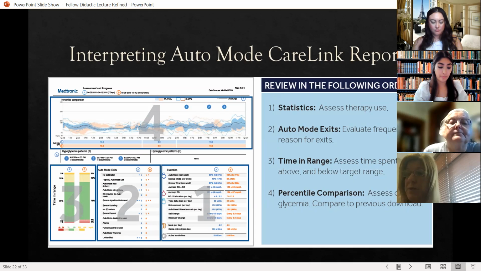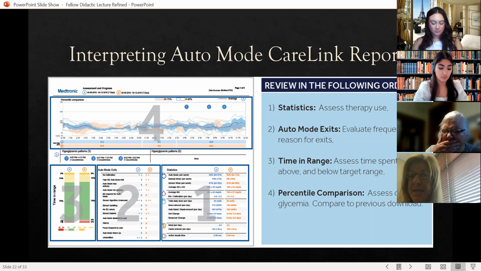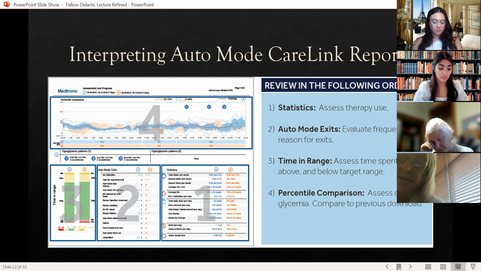So there are different reports for auto mode as well. Again, this is Medtronic, so you have to learn that this is just from Medtronic. They tell us which direction to look at this, but you can actually see how much time, if you're in the number 1, that gives us all the statistics. Like you can see that they're in auto mode. My vision's very low, but we'd be looking at the blue A because that's the most recent. And then the orangey peach is the prior upload, so it's a different set of dates.